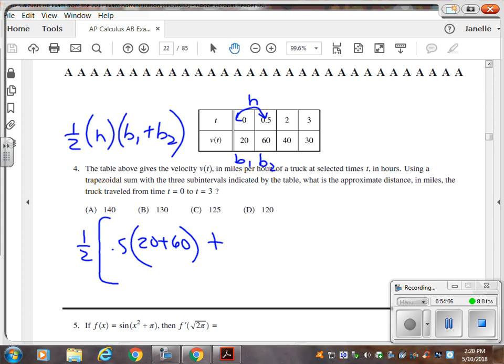So 20 plus 60 times a half. Next one, how far is it from here to here? Well, it's 1.5. What are my 2 bases? 60 and 40. Because the bases on these trapezoids are drawn in this direction. So the bases are the 2 sides, your y values.